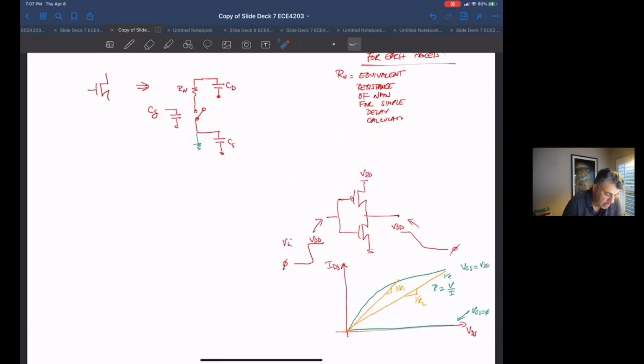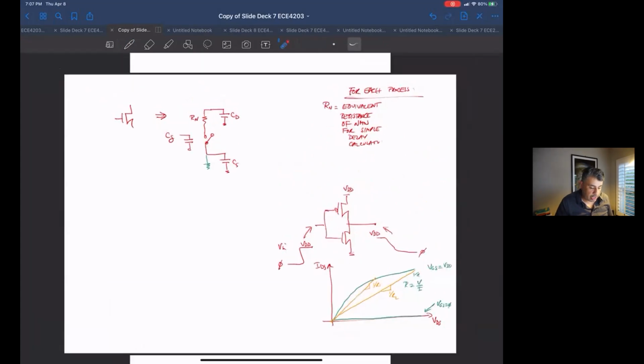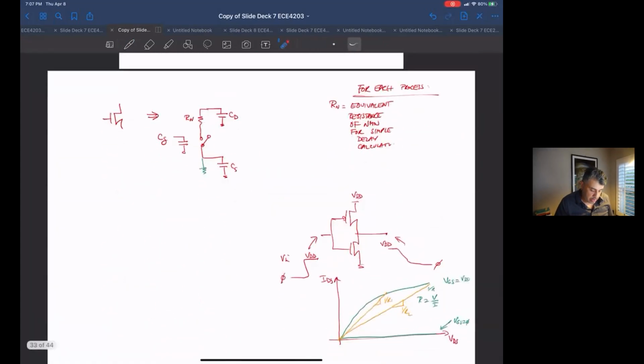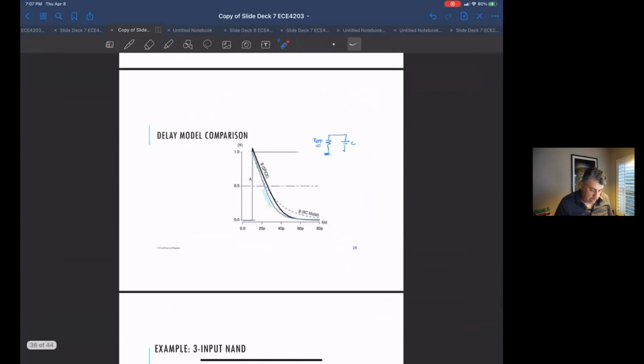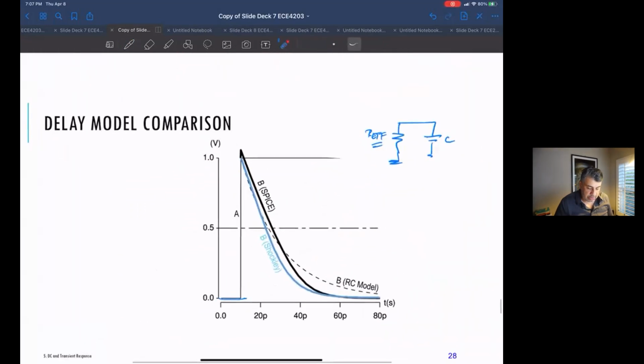Okay, so we basically come up with an R sub n value for a particular process, and we plug that in, and it turns into a pretty simplified model. And we saw that if we use this really simplified model with this effective resistance and the effective capacitances, in aggregate, we get a pretty good model.